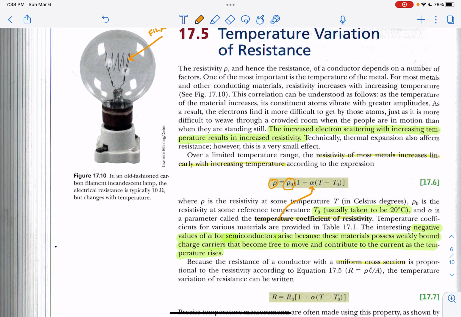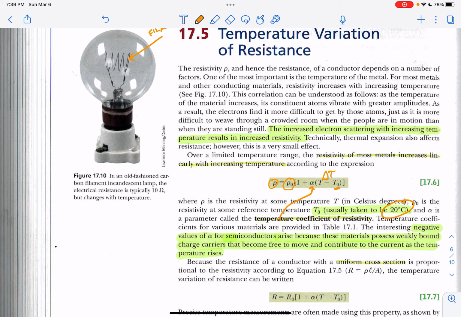And so T minus T sub naught is your change in temperature. This is the temperature of all the resistivities in the chart, 20 degrees Celsius. Usually in chemistry and in physics, we often use 25 degrees Celsius as our standard temperature. So this is about the upper 60s in Fahrenheit.